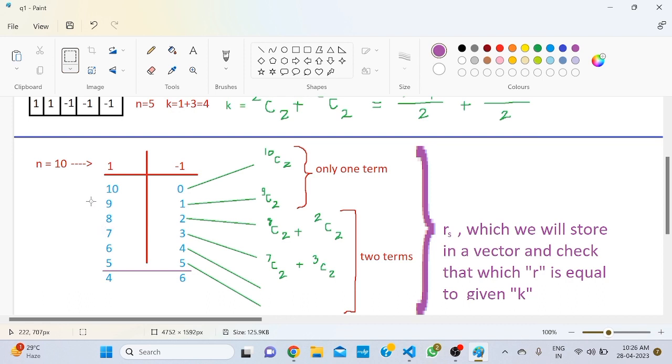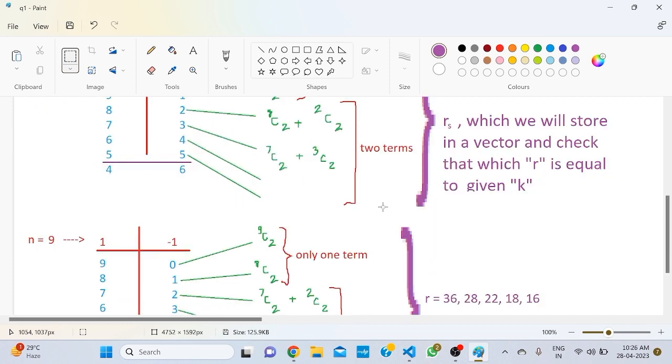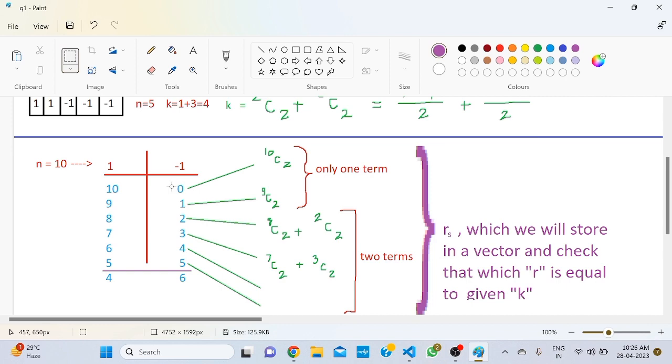Now we can also fill 7 ones and 3 minus 1s. So selecting 2 ones out of 7 ones, the number of ways is 7C2, and for selecting 2 minus 1s out of 3 minus 1s, the number of ways is 3C2. So these are our possibilities of k. So if our given k is any one of these, we can print yes. And if it is none of these, we will print no.